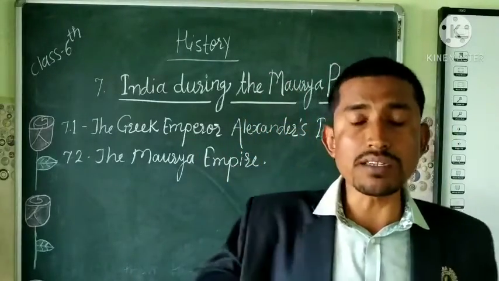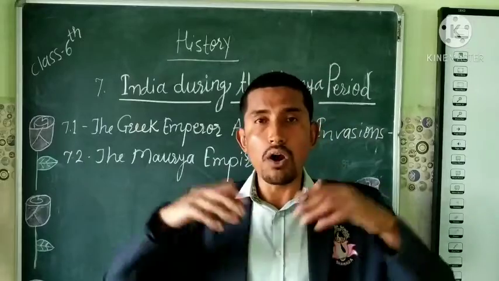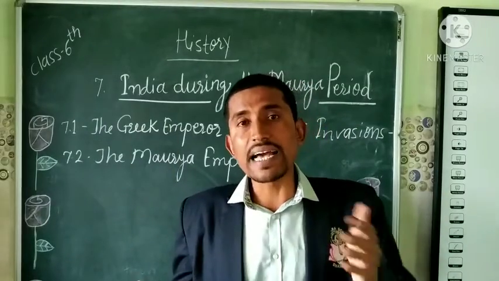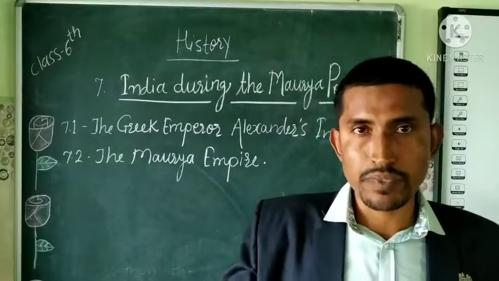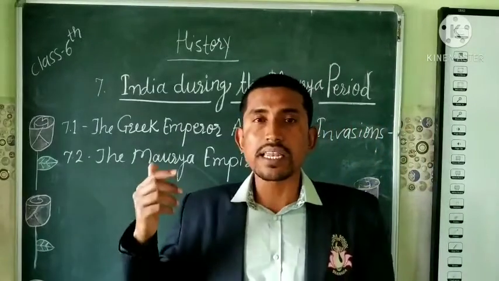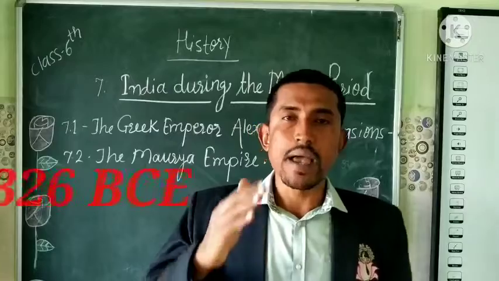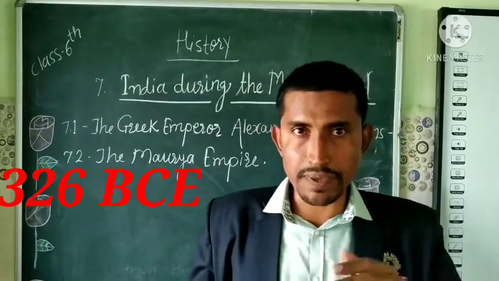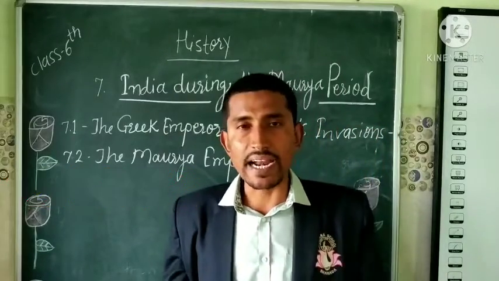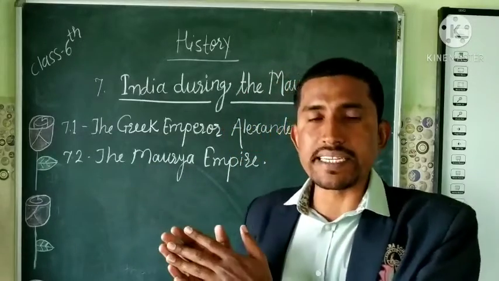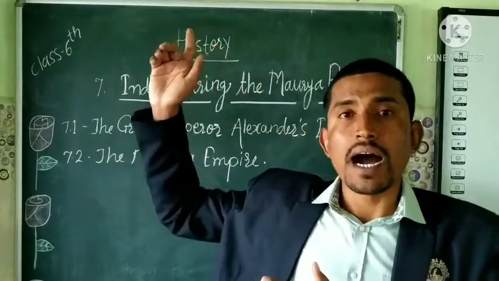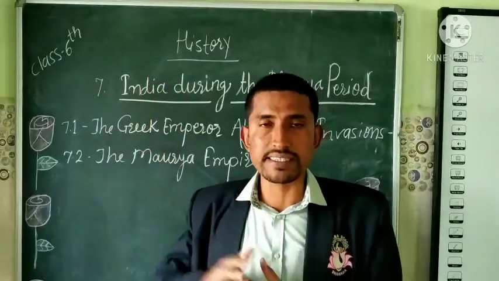Means he wanted to rule all over the world. And as a part of his wish, he invaded India in 326 BCE, attacking India from the northwestern side, means from Afghanistan.